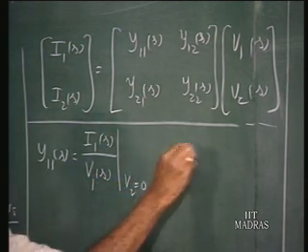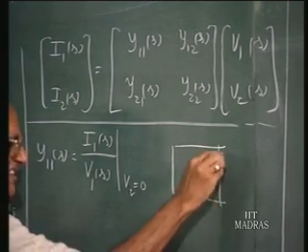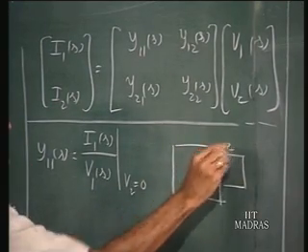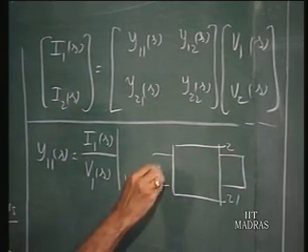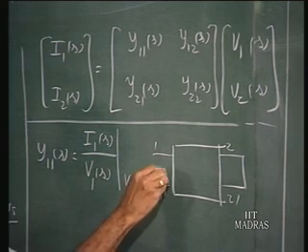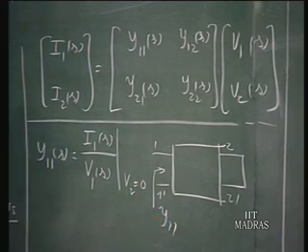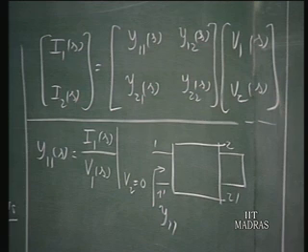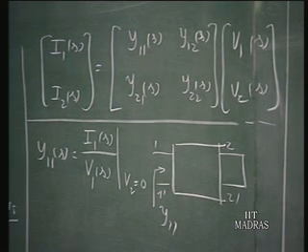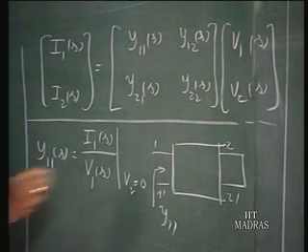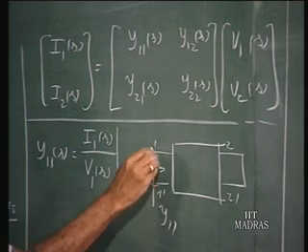That means you are short circuiting the output port, this is 1 prime, and you are measuring this admittance at this point. You are connecting a voltage source V1 and measuring the current here.